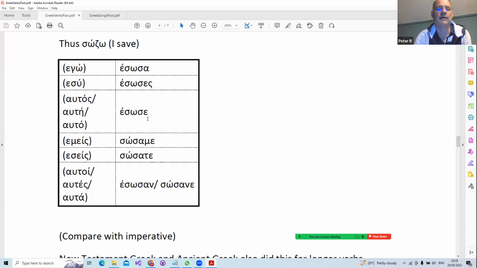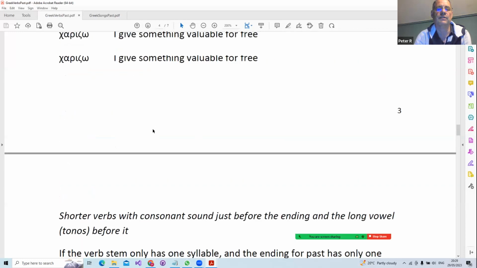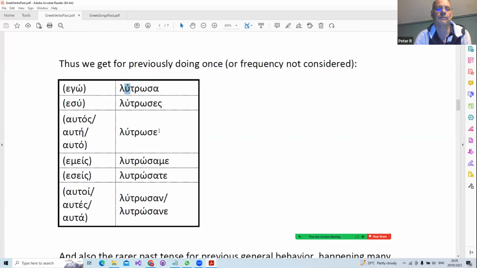So the consequence is that if we take this one here, litrose, it could be he, she, or it redeemed, or it could be the imperative telling somebody to go and redeem. You can't tell because it's got the same ending. You have to do it from the context. It would be odd, but I suppose you could go and redeem something from the pawnbroker, so perhaps you could come across this form as telling someone to do it.